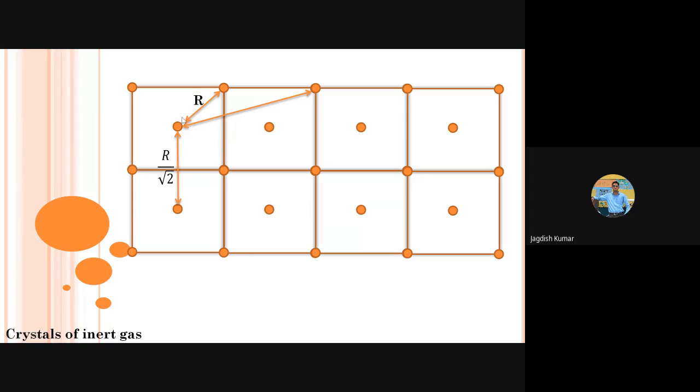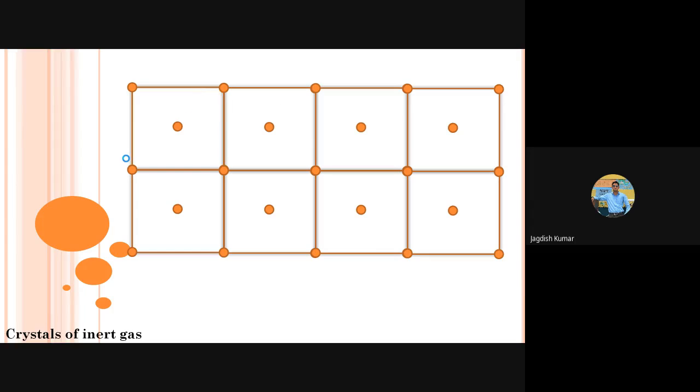I'm sorry, there was an error here. The next one will be larger than root 2r, and the others definitely larger. Somewhere you may find 2r.